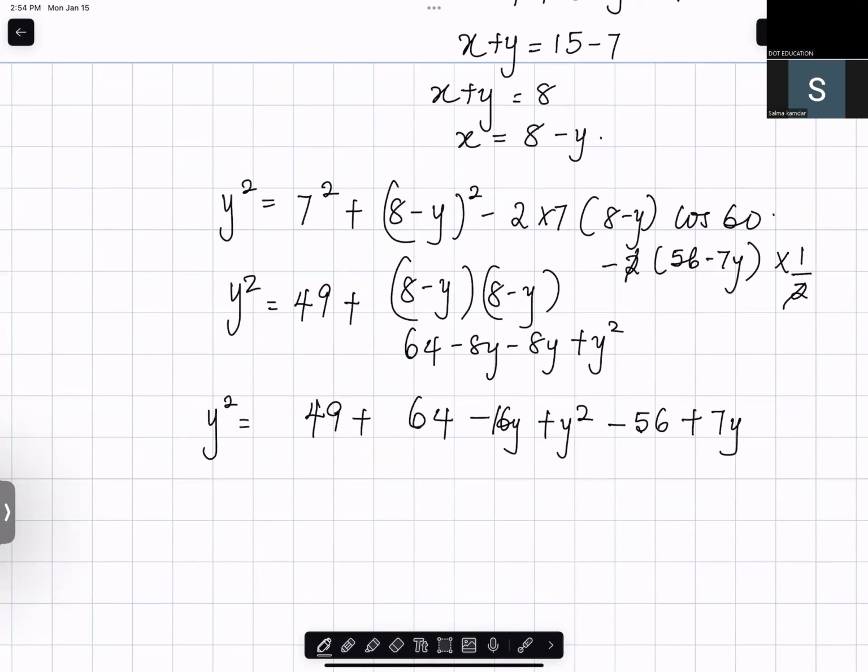What do we have here? We have 49 plus 64 minus 56 gives 57. Minus 16y plus 7y gives what? Minus 9y.